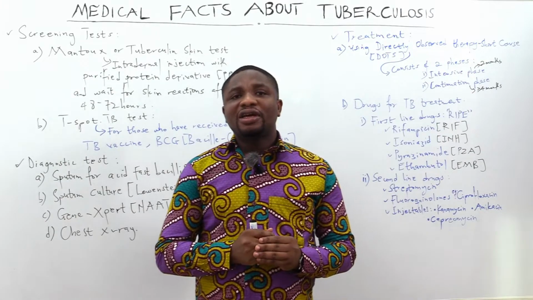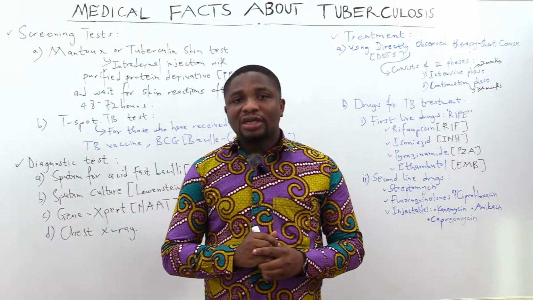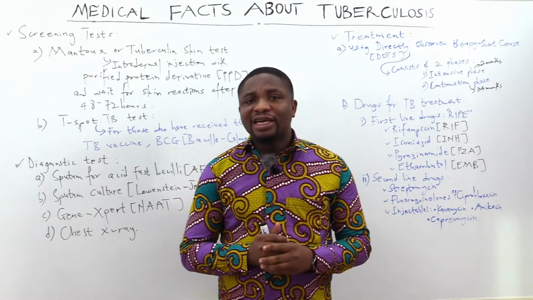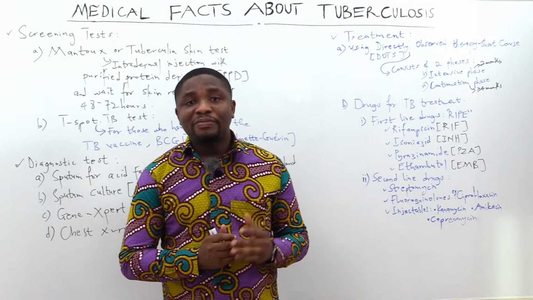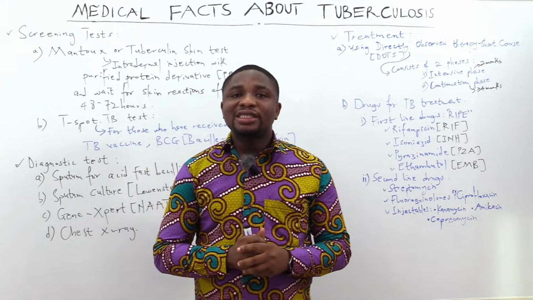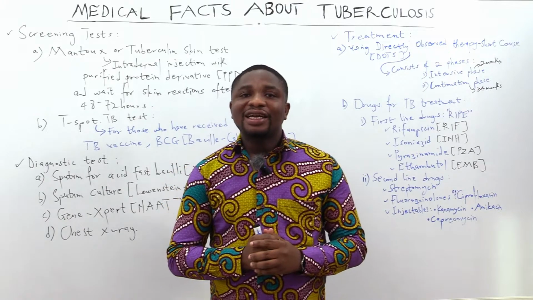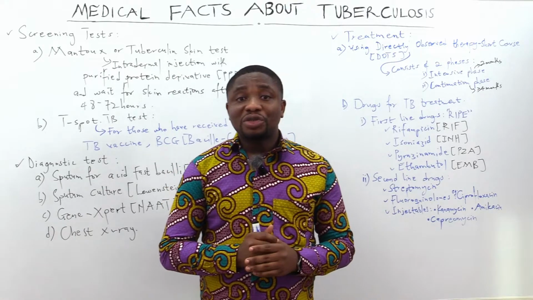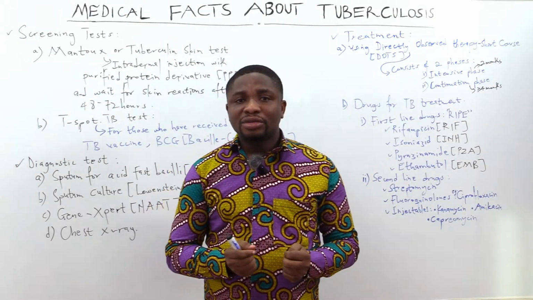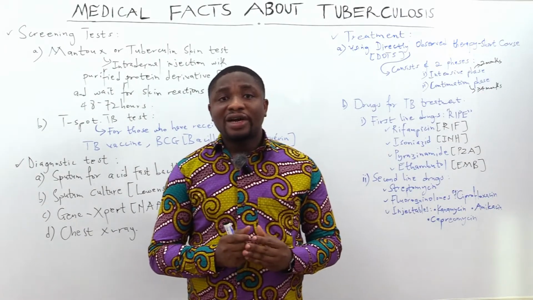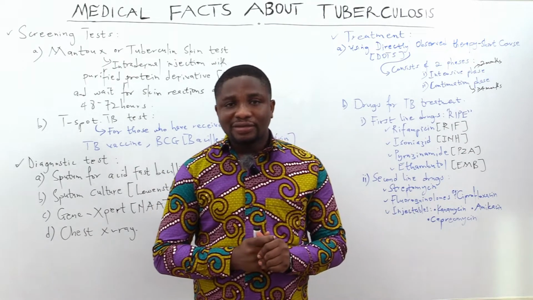Let's talk about the drugs for the treatment of tuberculosis. The first line drugs and the second line drugs. For the first line drugs we can think of RIPE, that is rifampicin, isoniazid, pyrazinamide, ethambutol. Then the second line drugs we can think of streptomycin, fluoroquinolones, and the injectables. For the injectables we can think of kanamycin, amikacin, and capreomycin.